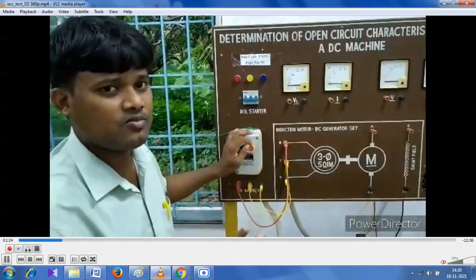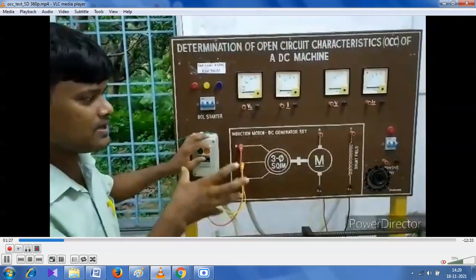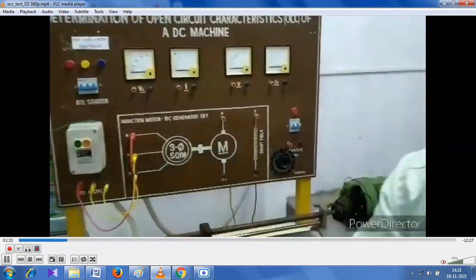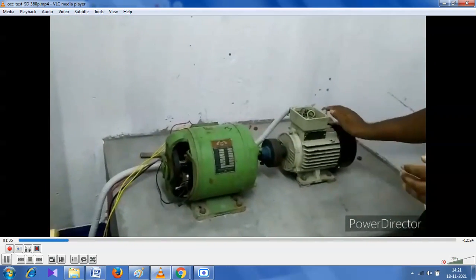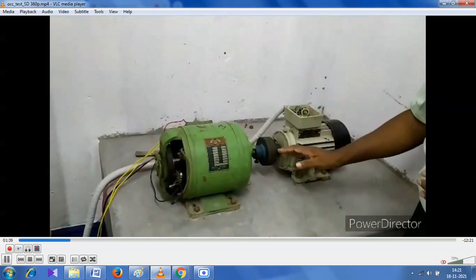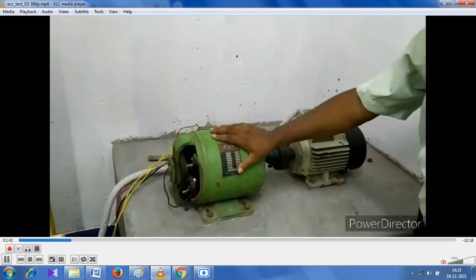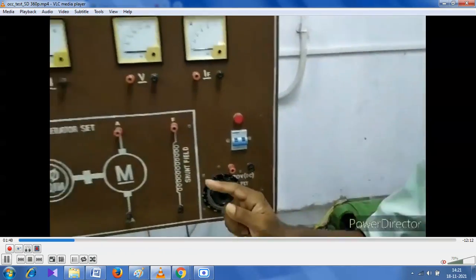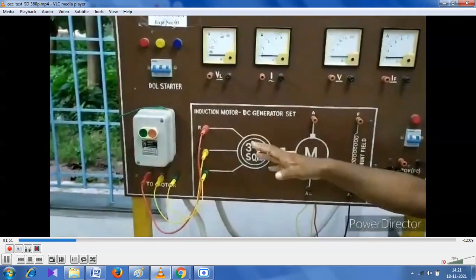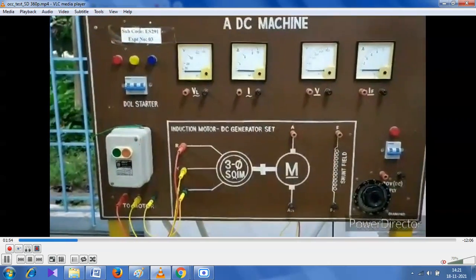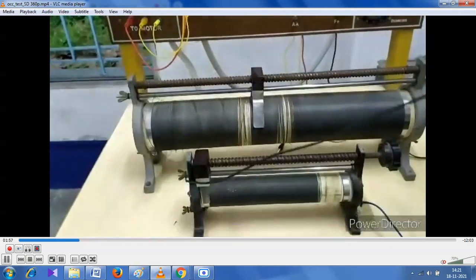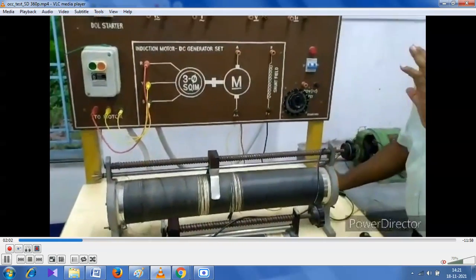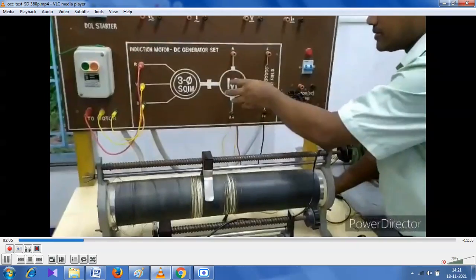First we have to make the connection for the induction motor. We have to provide a three-phase supply because this is a three-phase induction motor, and the green one is the DC generator. We operate the DC generator in separately excited mode because controlling the field current in separately excited mode is easier than in the shunt type.